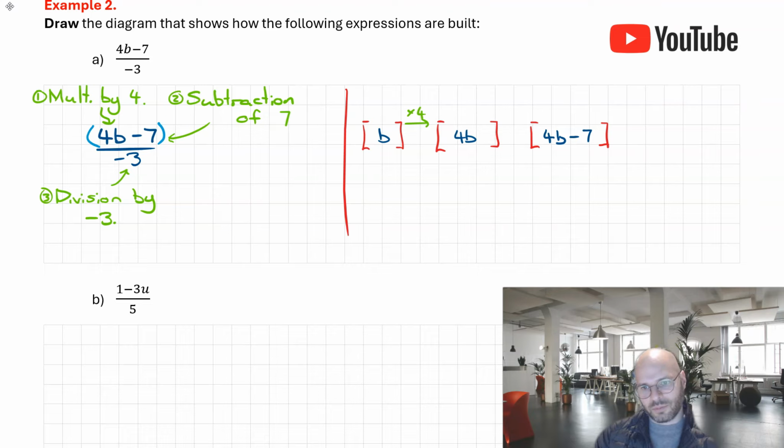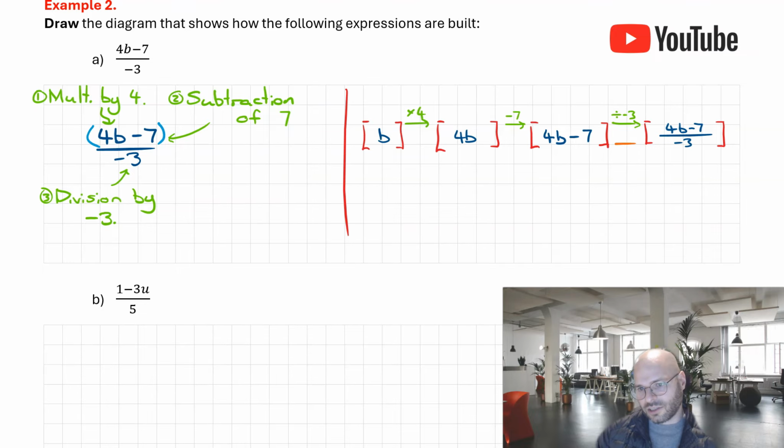This is going to happen because we take 7 away. And then finally, 4b take 7 is going to become 4b take 7 all over negative 3. This is going to occur because we divide by negative 3. Thus, the construction of our chart is done.